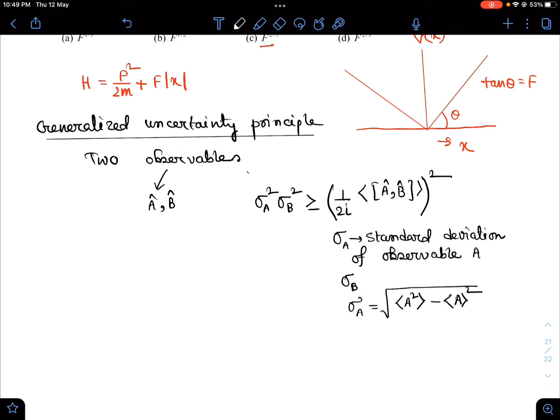So this is the generalized uncertainty principle for any two observables.